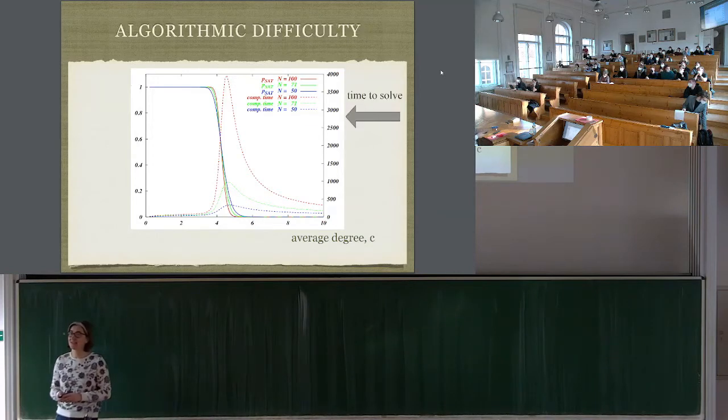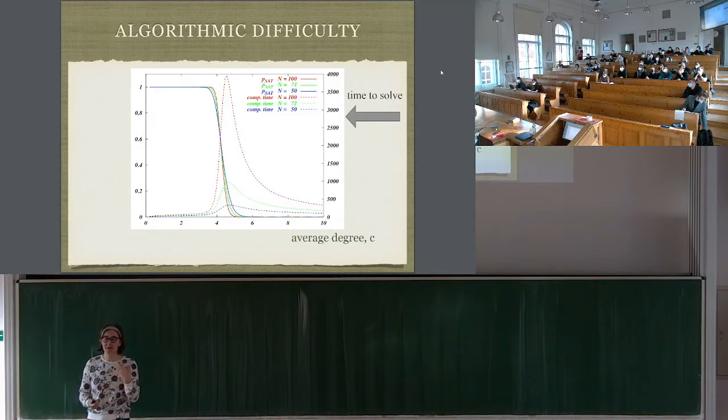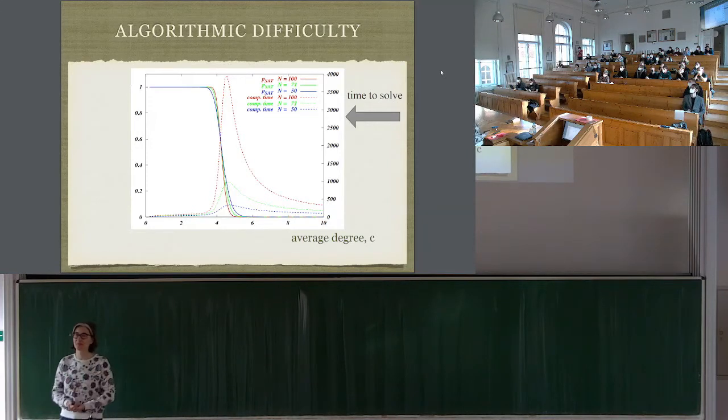There are the dashed lines here. What the dashed lines are, you take some heuristic algorithm, some algorithm that somebody thought is a good algorithm to solve this problem, and you plot the time, how long this algorithm needs to run. And again, the different curves are the different sizes of the graph.